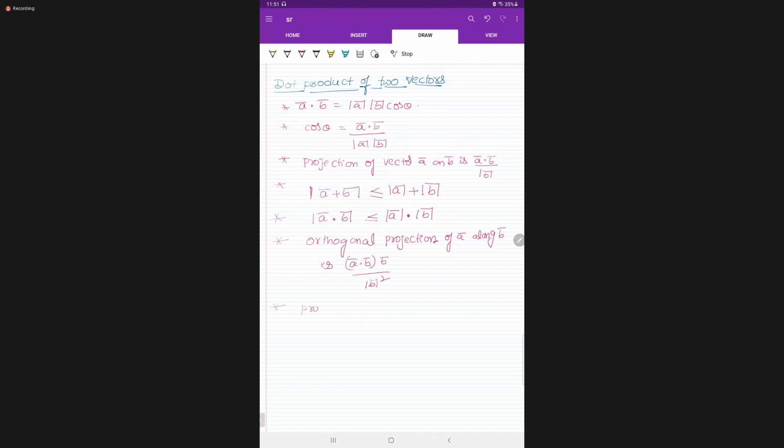Next, projection of B bar perpendicular to A bar is B bar minus A bar dot B bar A bar by modulus of A bar square.